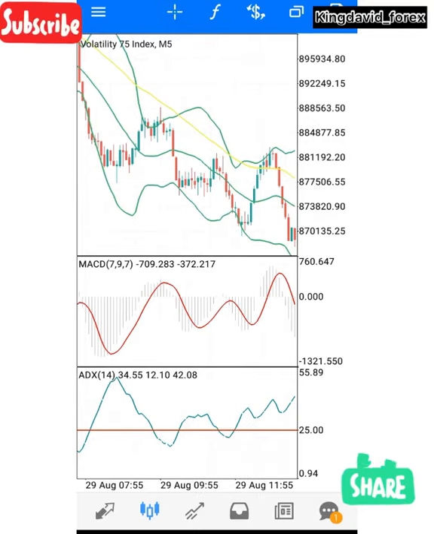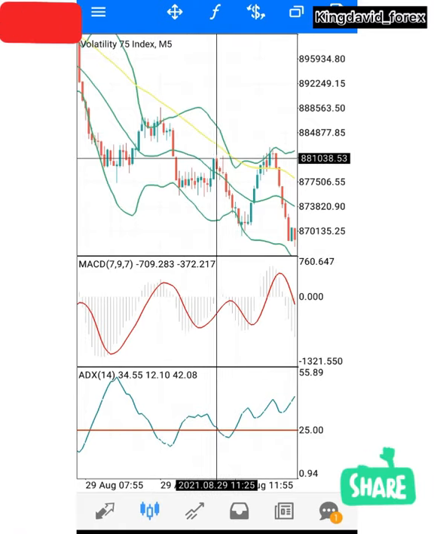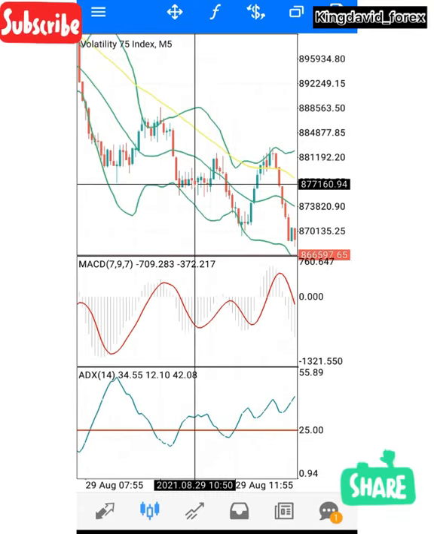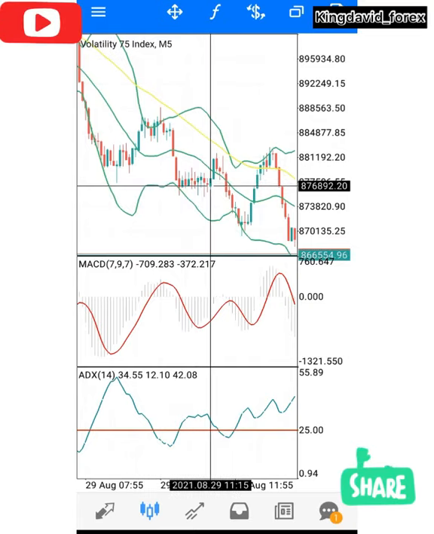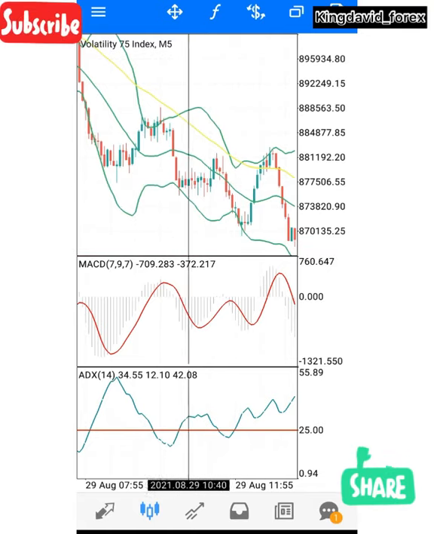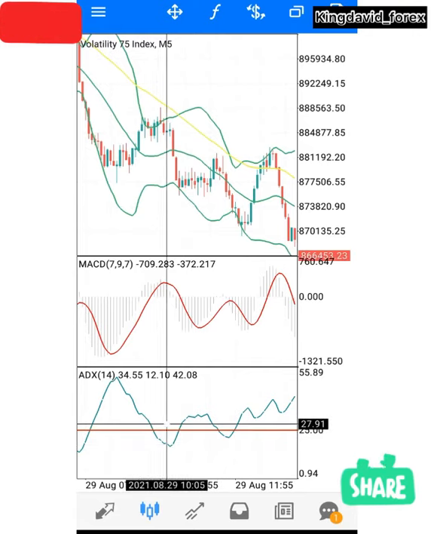Now, let's take for instance, when you enter this MT5 trade, you tend to see from here that the market is doing some consolidating. Now you ask yourself, why is this place like this? It is because of this ADX. The ADX has already given you an indicator that the market is consolidating.